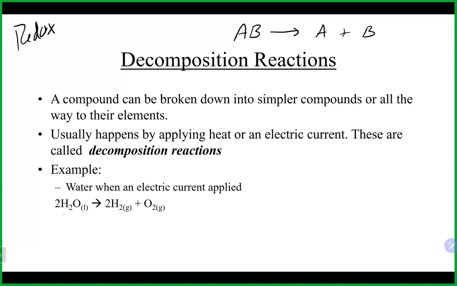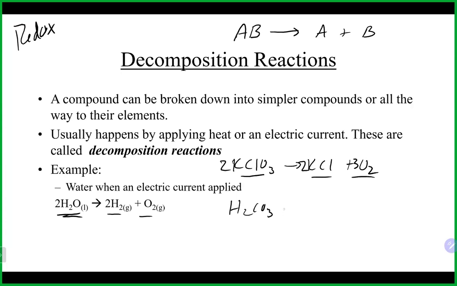So if we look here, we've got one thing making two things. So that definitely is a decomposition reaction. We've got a little potassium chlorate breaking apart into KCl plus some oxygen. Maybe a 2 there, a 2 there, and a 3 there. This is, again, one thing making two things, a decomposition reaction.